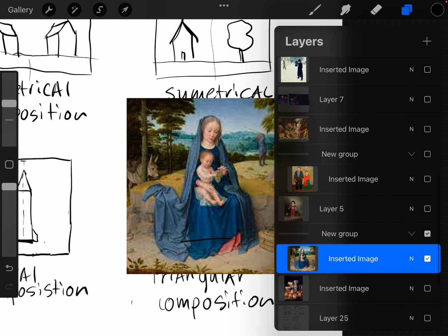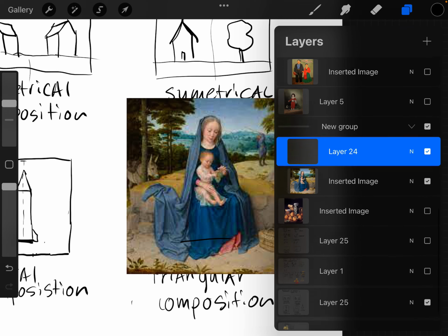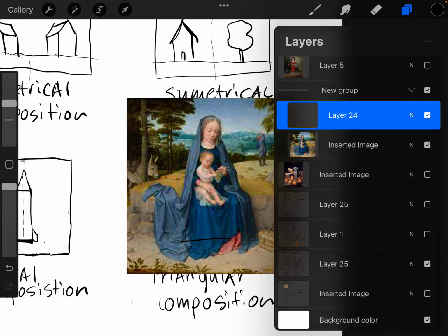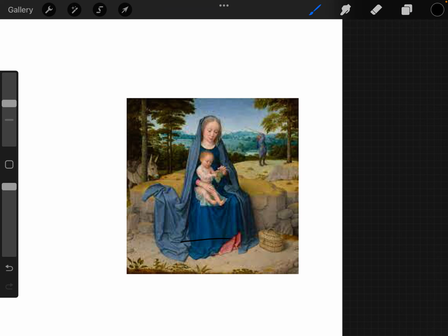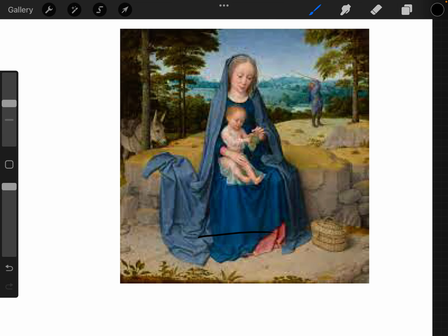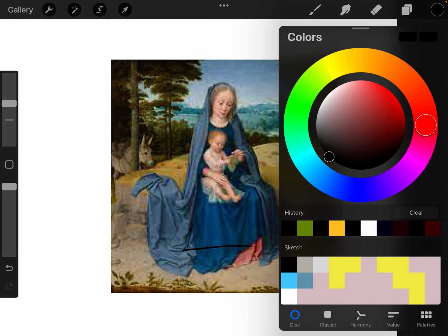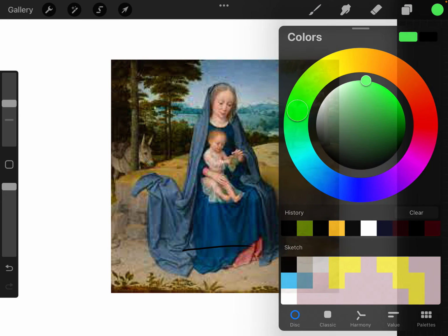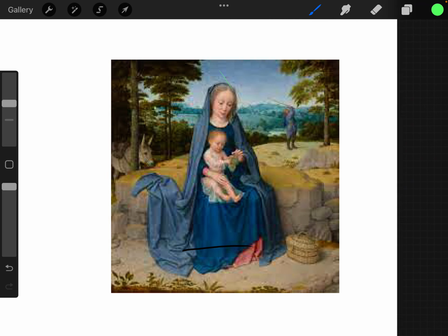Okay, get rid of this one. Need more layers. Plus. Okay, triangular composition. Look. This is a triangular composition. How? Well, let's find out. Here, look. This goes here. This goes here.